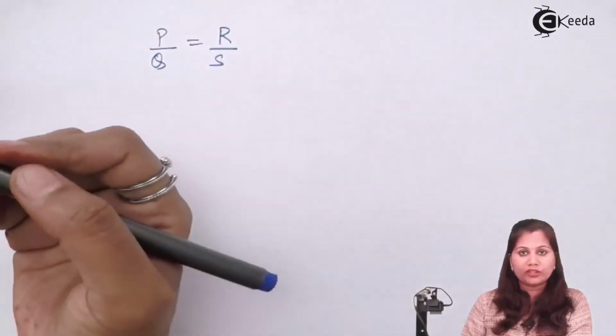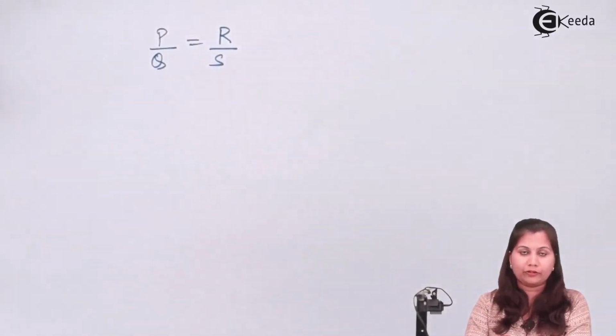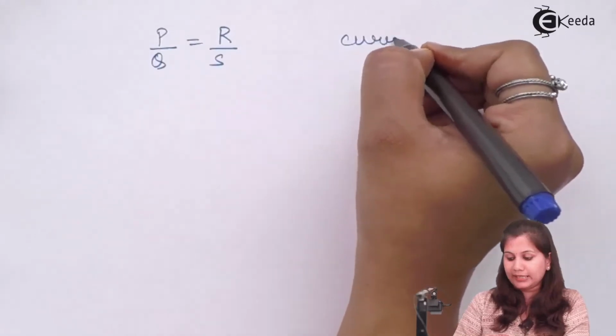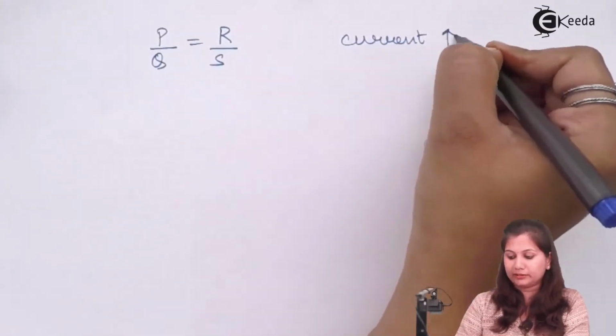Now, as one of the resistances is this resistive hygrometer and its resistance is decreasing, decreasing resistance causes an increase in the flow of current.